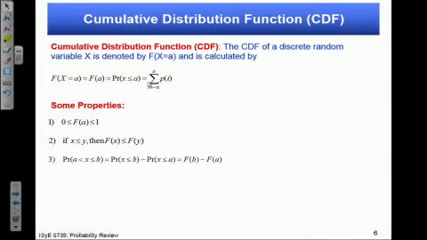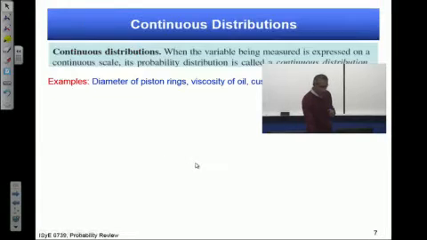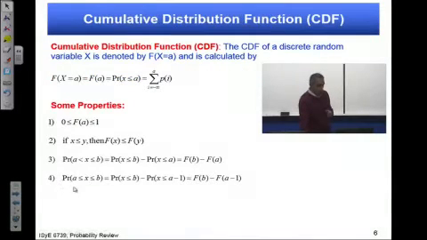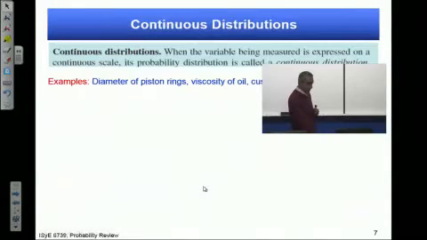CDF has some properties: it is always between 0 and 1, and it is a monotone function. If you want to calculate the probability of x between a and b, inclusive, then you simply find the CDF of b and subtract the CDF of a from that one. Similarly, we can find the probability of this inequality where both ends are inclusive, and this is going to be the equation.